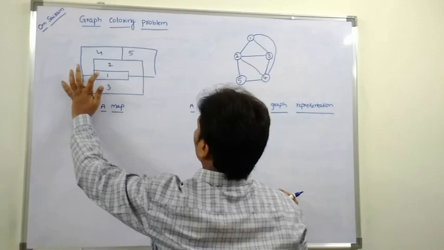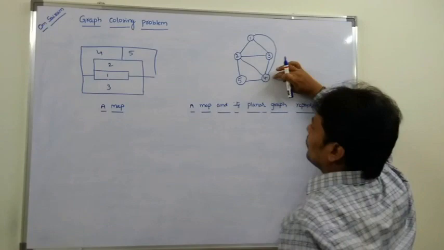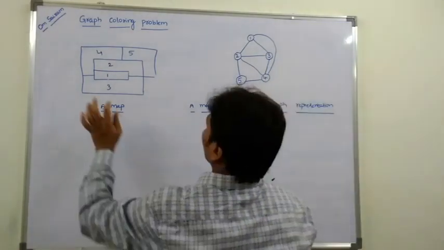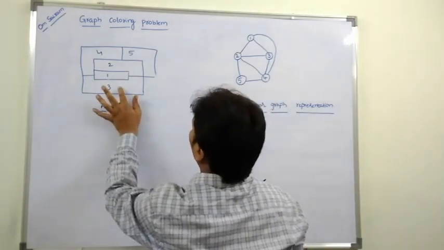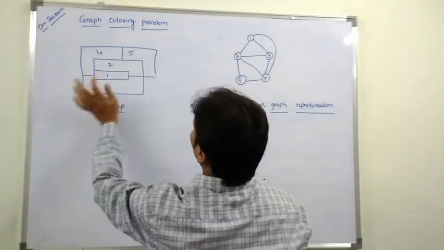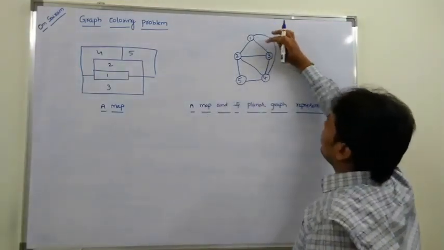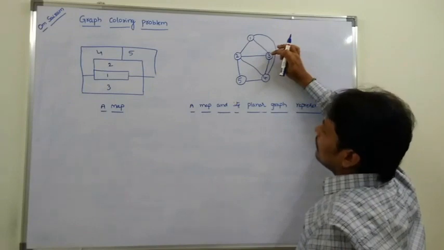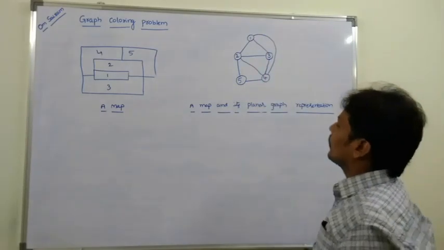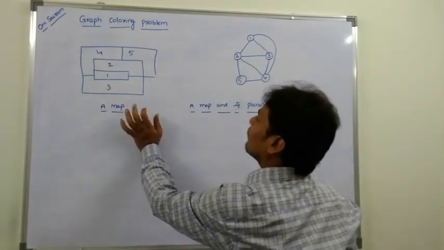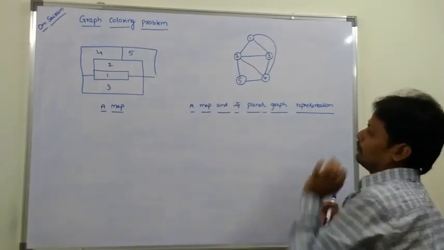Region 4 is also adjacent to region 1, and these two vertices are connected by an edge. Okay, so for this given map, we can draw the planar graph in this way.